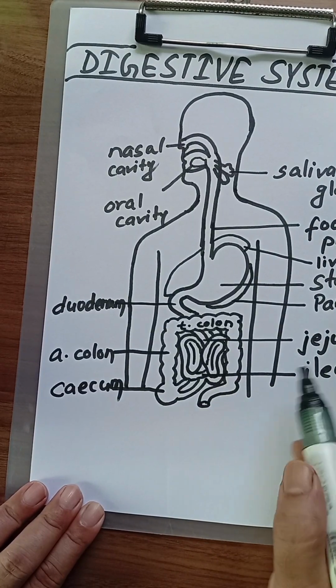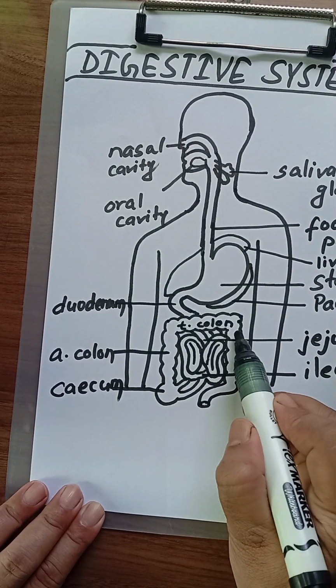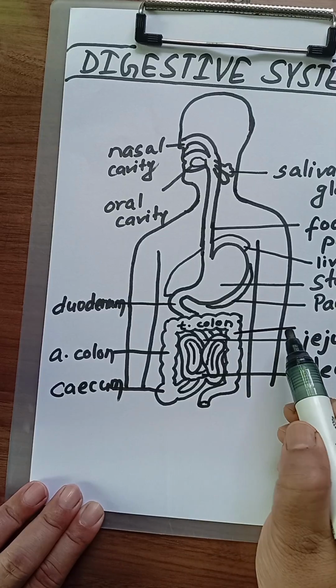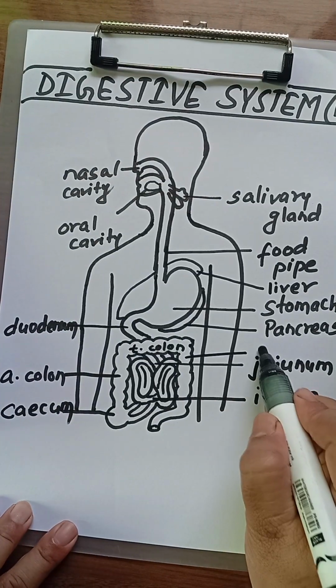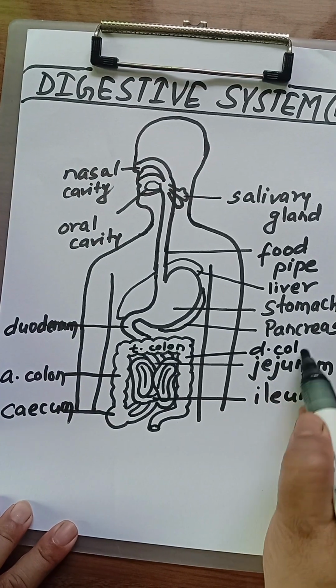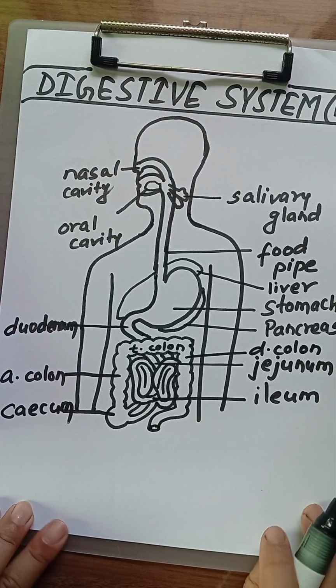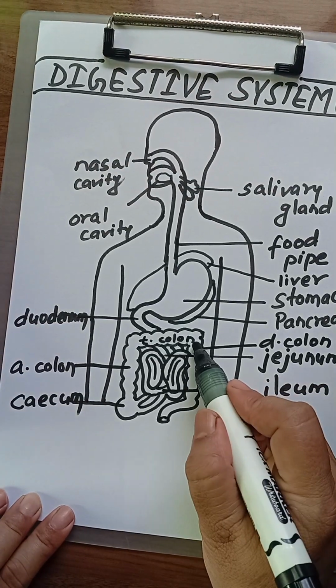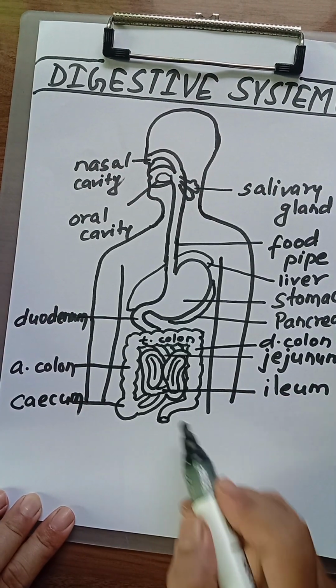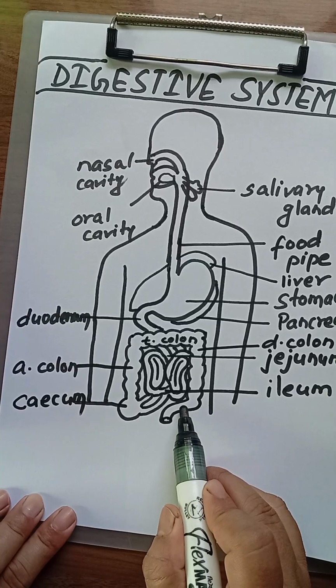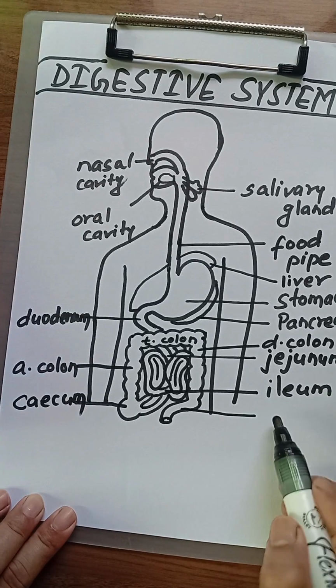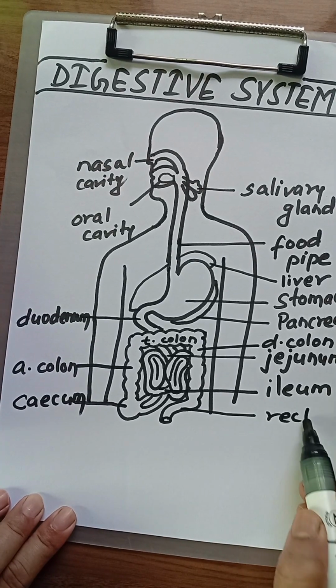And this is running downward, and this part of the large intestine is known as descending colon. Now from the descending colon we are moving downward, and this part is the rectum.